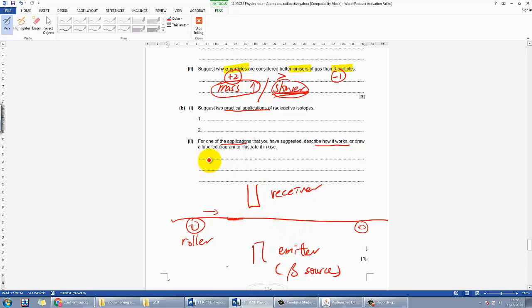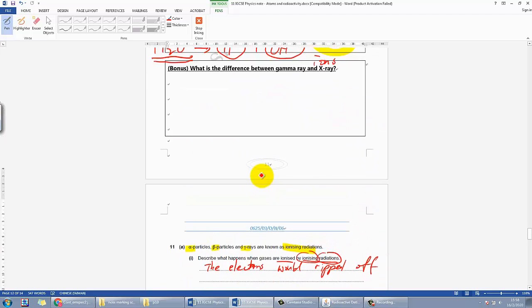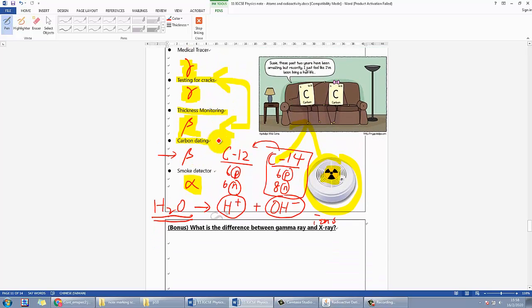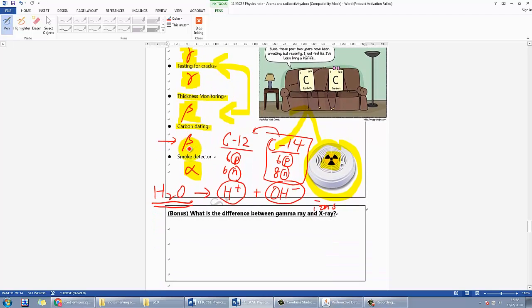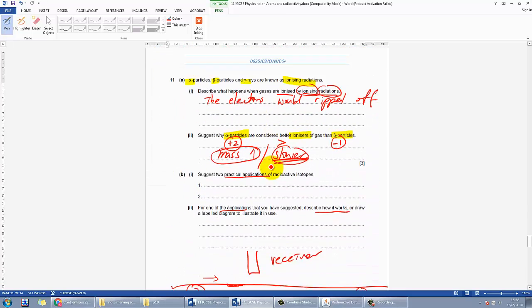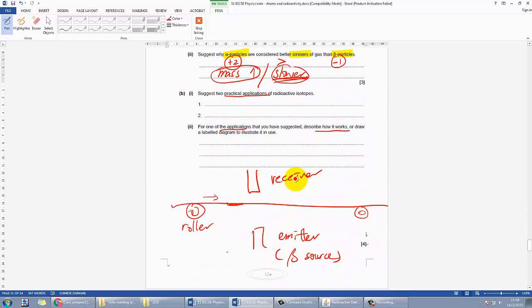So you can try to describe in words here. Any description with the detailed diagram will be okay. If you don't like to draw this, I think medical tracer is also fine. While carbon dating is a bit hard to draw, and for the smoke detector you have to draw carefully to make sure everything is correct. For this one, I think it is probably the easiest, so I would suggest this one.